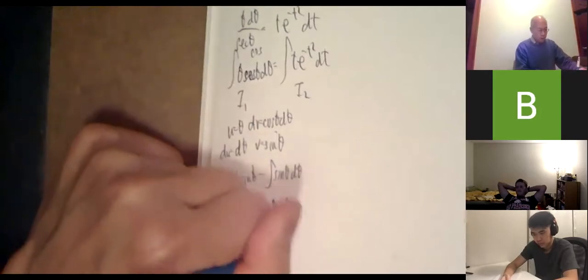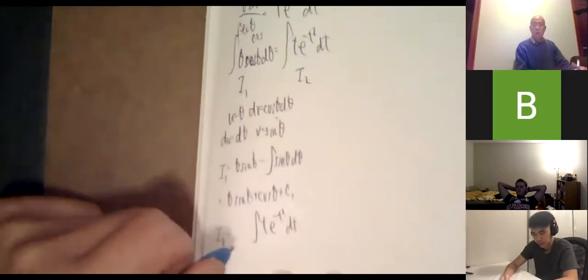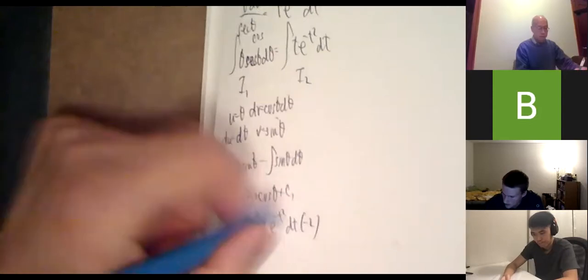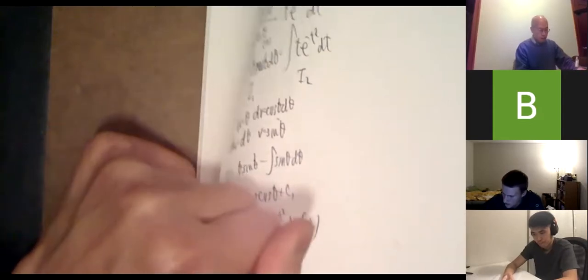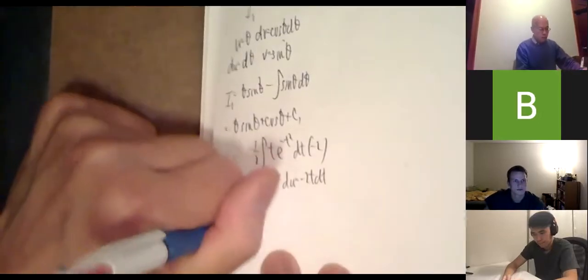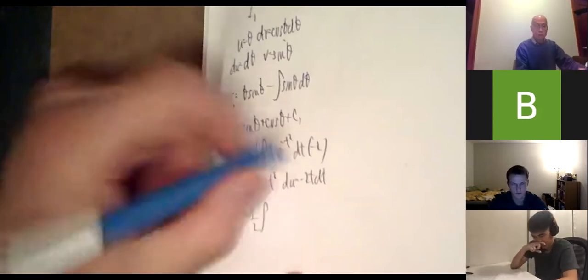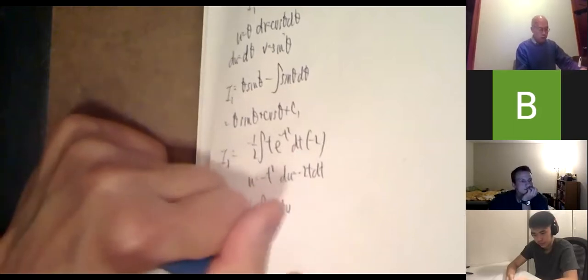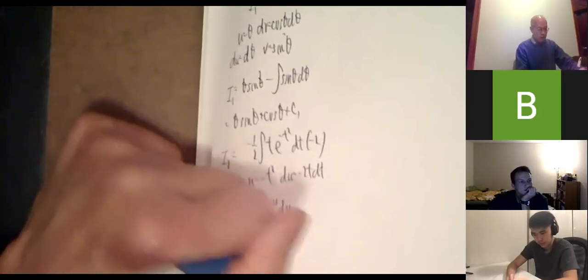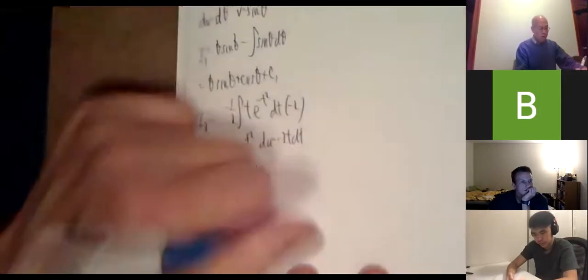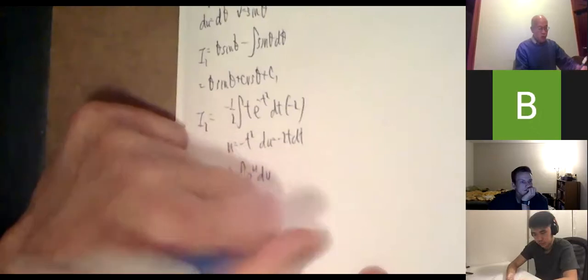I2, integral of t e to the negative t squared dt, multiplied by negative 2 and negative 1/2. U equals negative t squared. du equals negative 2t dt. I2 is negative 1/2 integral of e to the u du, which is negative 1/2 e to the u plus c2, which is negative 1/2 e to the negative t squared plus c2.